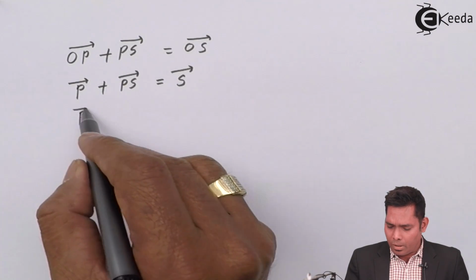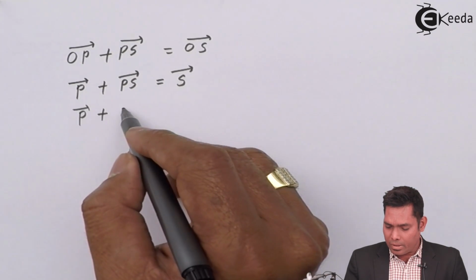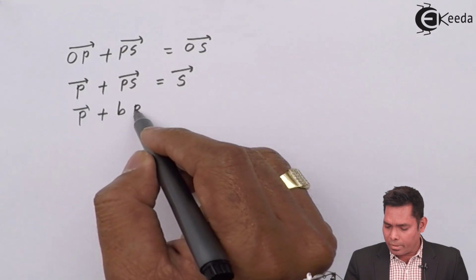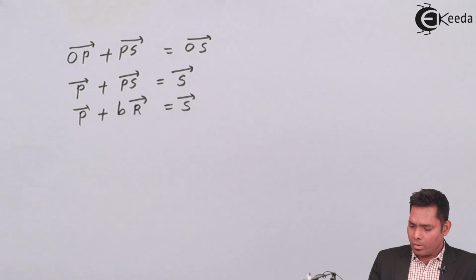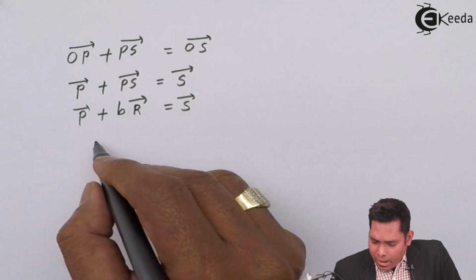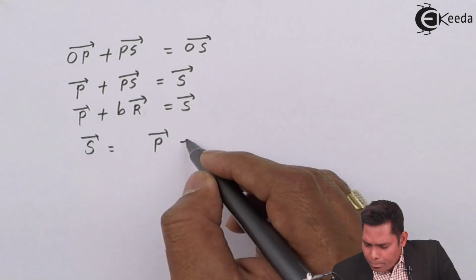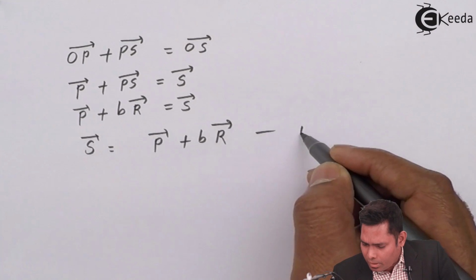So from here I'm getting the S vector as the P vector plus B times the R vector. This is equation number 1.